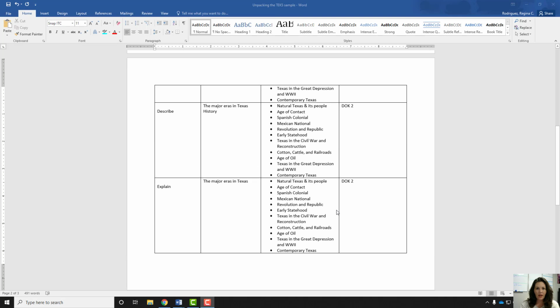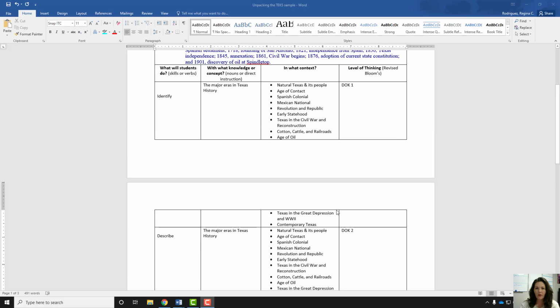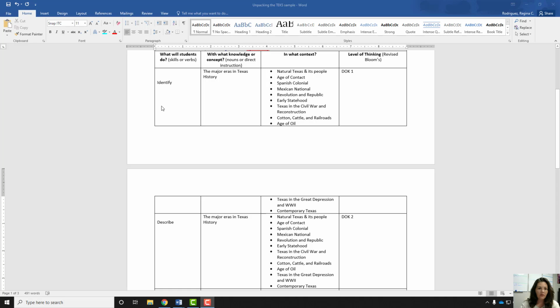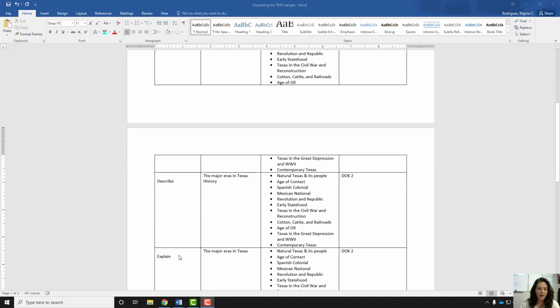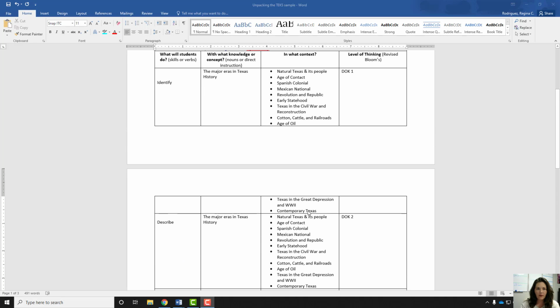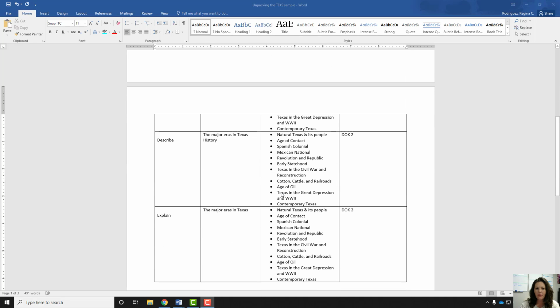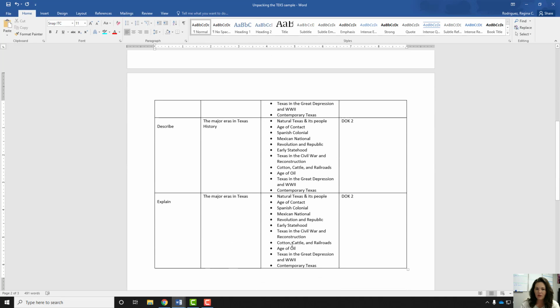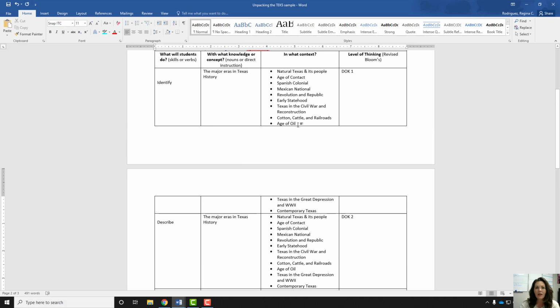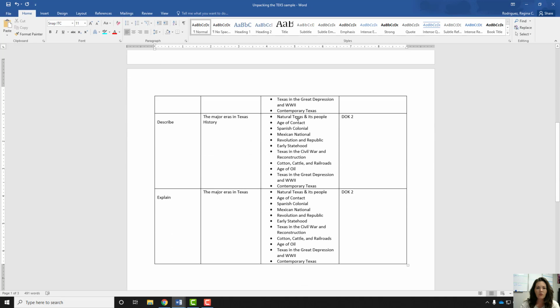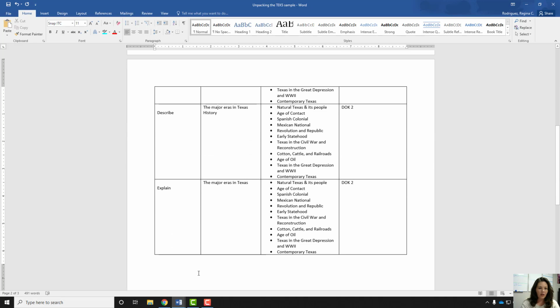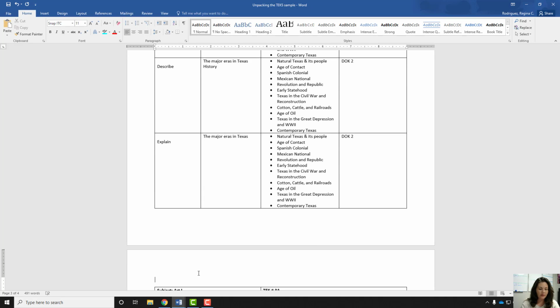So let's go back to that unpacking the TEKS chart I was working with and see if we can write a couple of objectives with that. We had the verb identify, we've got describe, we have explain, all covering the same concepts. I'm not necessarily going to have my students do all of these in a single class period. I'm going to choose one of them. So I'm going to make an I can statement something like this.